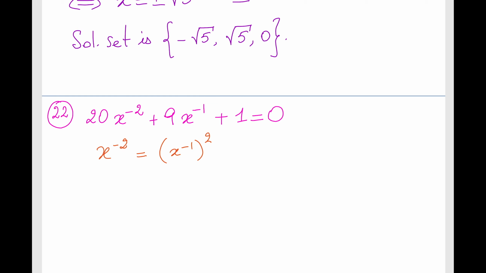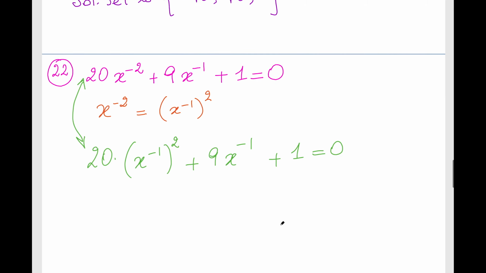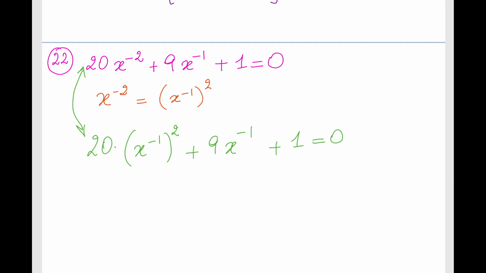All right, so let's rewrite this as 20 times the square of x to power negative 1, plus 9 times x to power negative 1, plus 1 equals 0. Correct? And now let's highlight what we just observed.